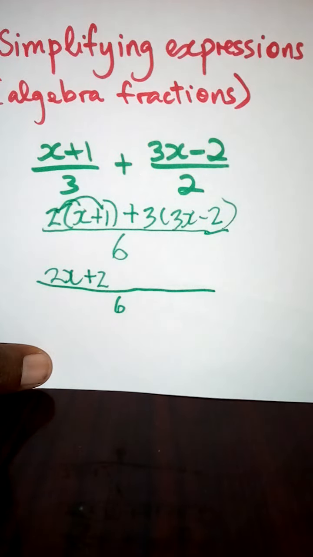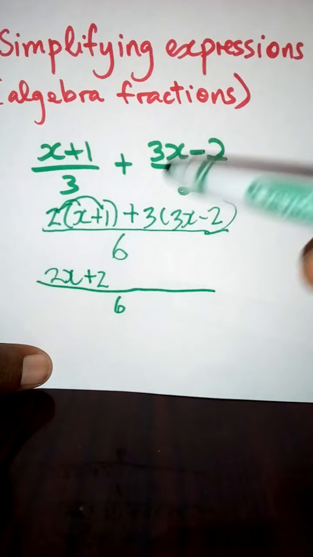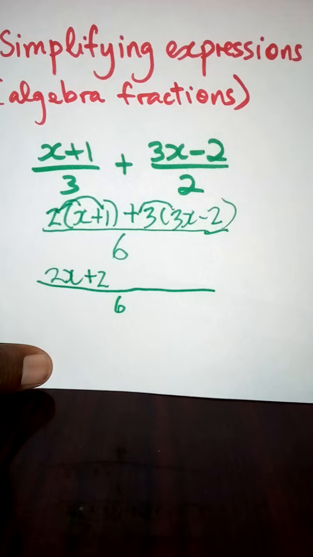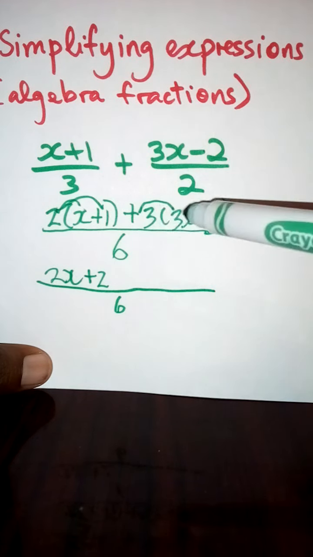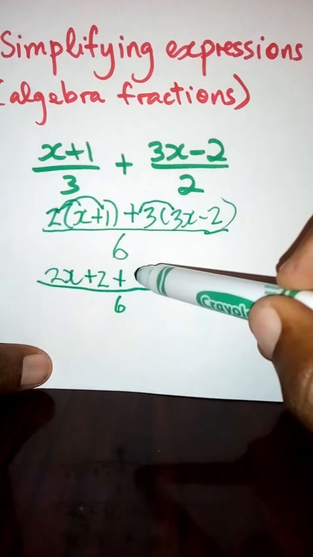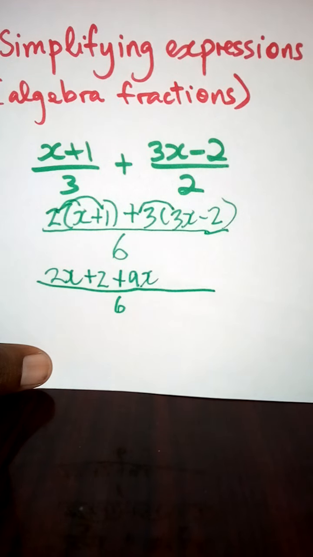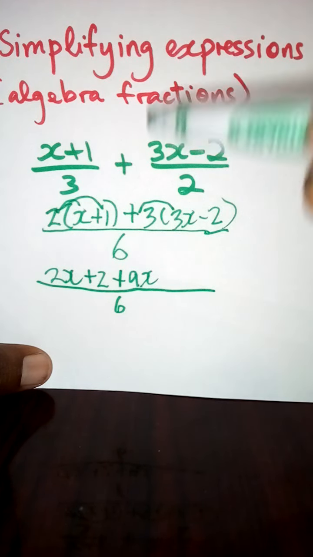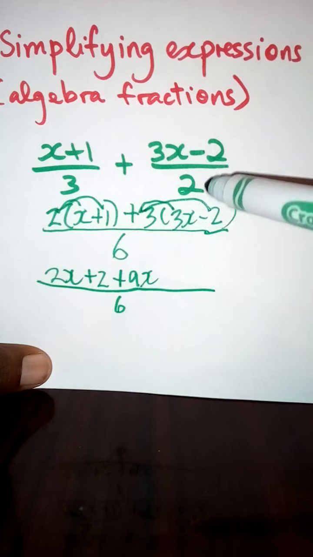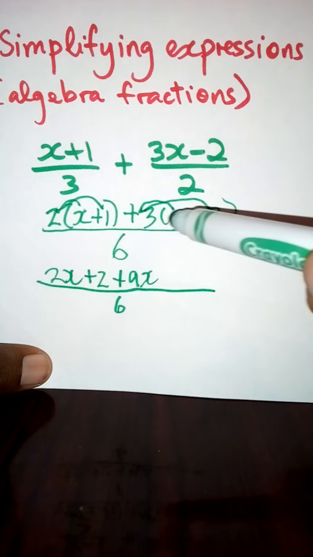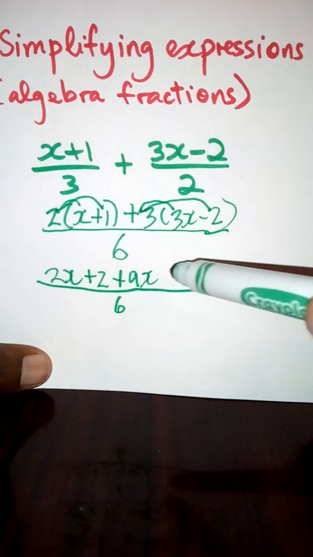So that takes care of the first bracket. Now the second bracket, outside of the bracket, positive 3. Take 3 times 3, 9. So 3 times 3x, positive 9x. Take 3 again, times minus 2. Positive times negative is negative, so positive 3 times minus 2 gives you a minus 6 here.